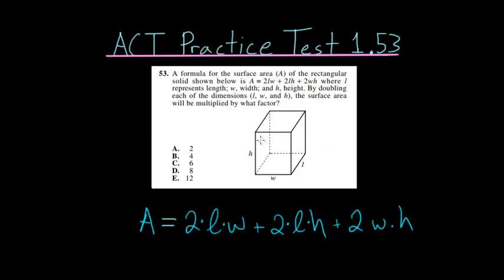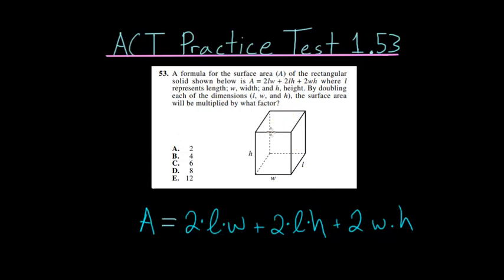So for instance, this front face here, you can find by just multiplying the height times the width. But that would also be true for this back face, since you would again just be multiplying the height and the width to find its area. And since there are 2 faces where you're multiplying the height times the width, that's where this term comes in.